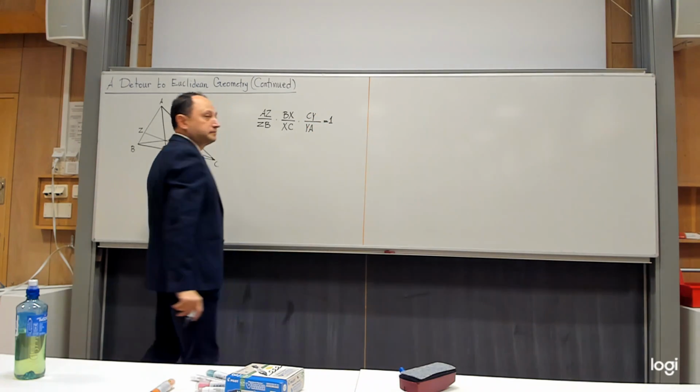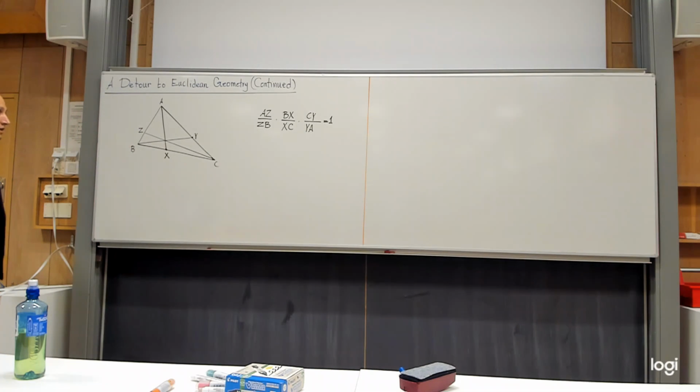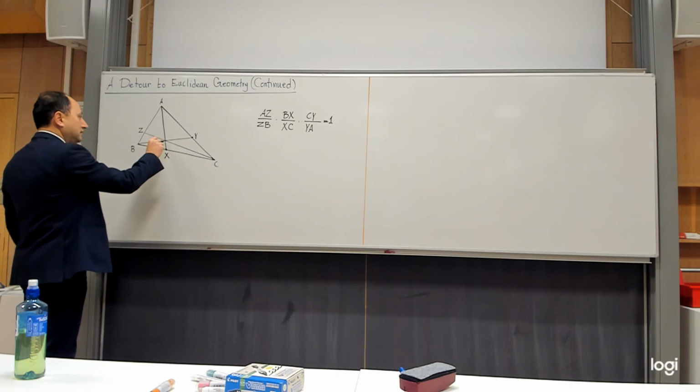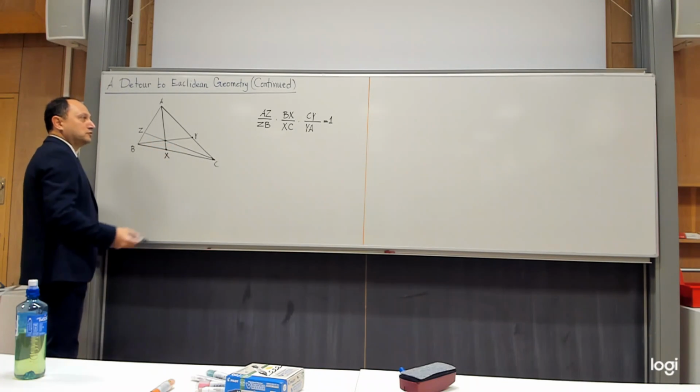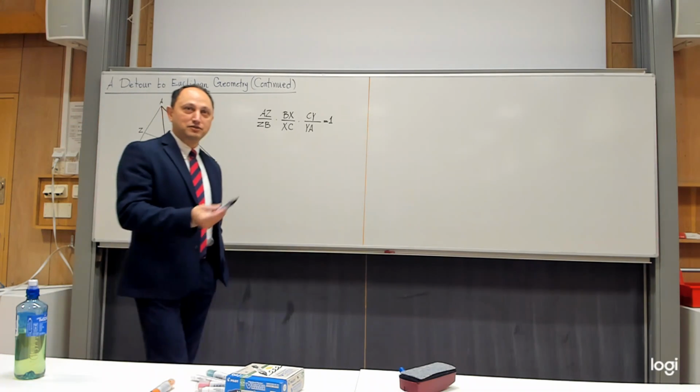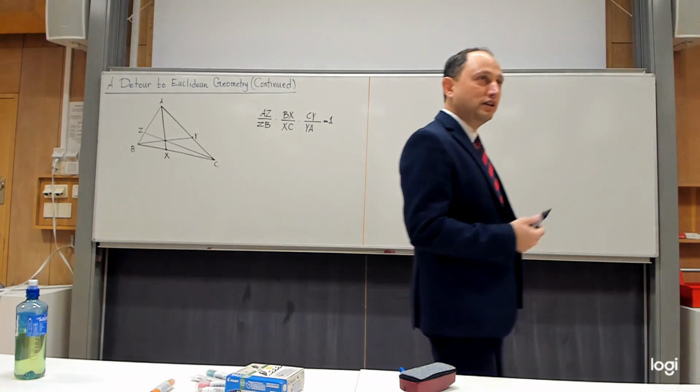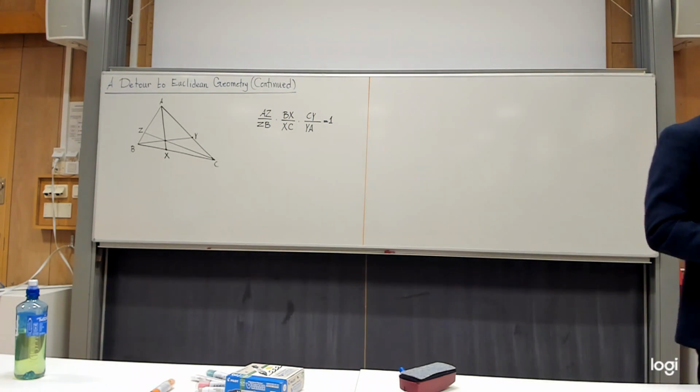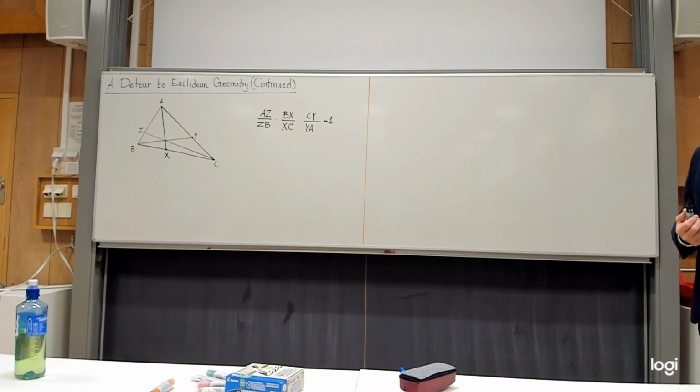Yes, so that was Ceva's theorem. And I enjoyed the proof when I read it. It was very nice. It related to the areas of the triangles involved in this picture, and using that we were able to show that this is the case.